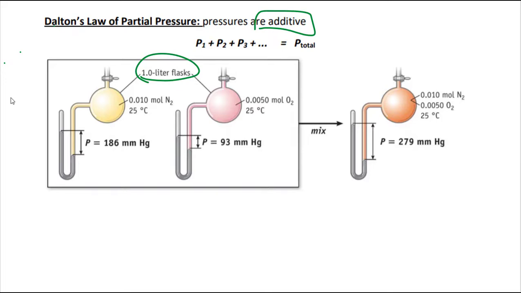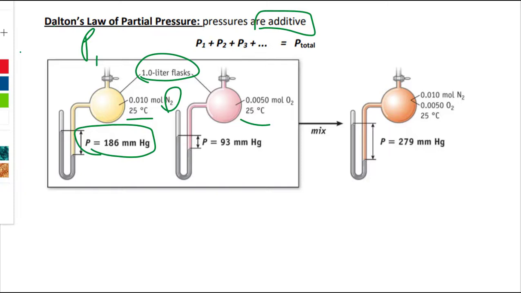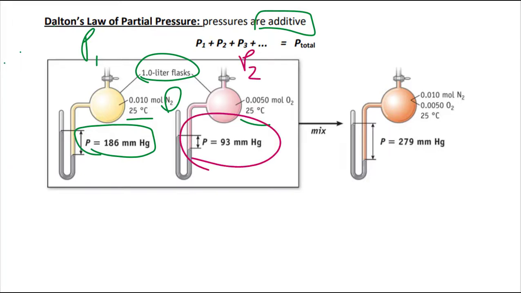In this first pressure system of nitrogen, also both at 25 degrees, I have a pressure of 186 millimeters of mercury, and we're going to call this P1. In my second pressure system, we're going to call this P2, I have 93 millimeters of mercury.